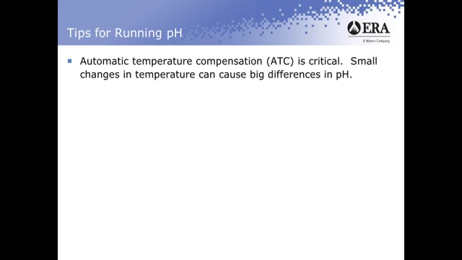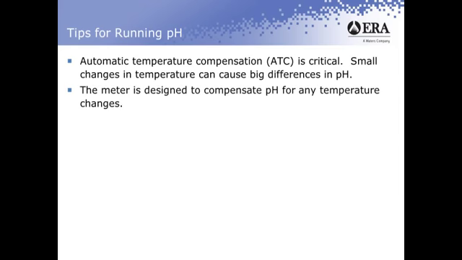The next important thing to think about when running pH analyses is to use your automatic temperature compensation, or ATC, and that's quite critical because small changes in temperature can cause big differences in pH readings. Your meters are designed to compensate your pH value for any temperature changes.